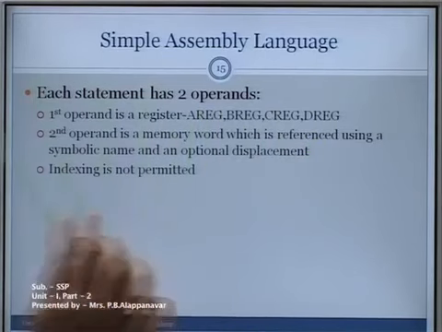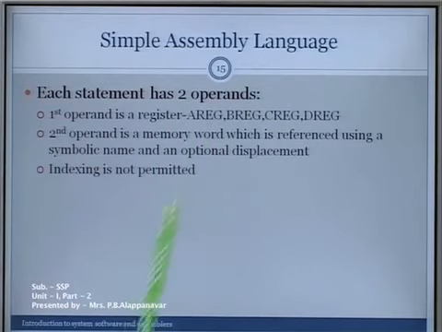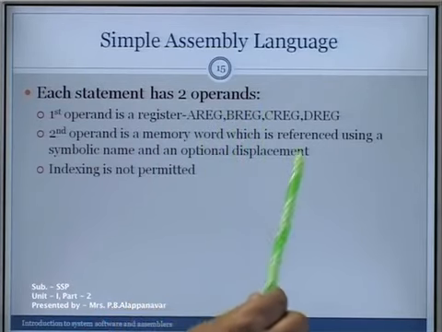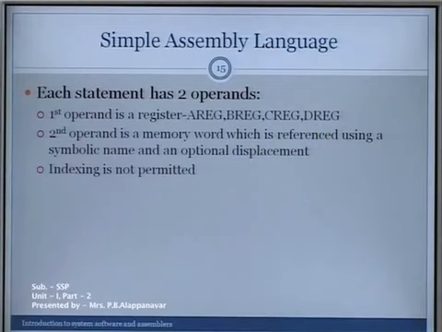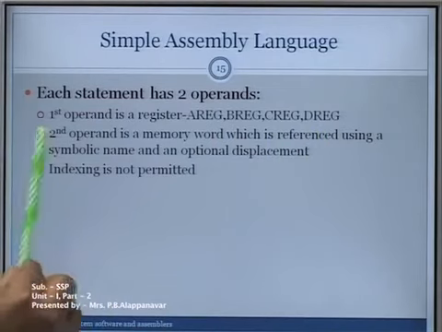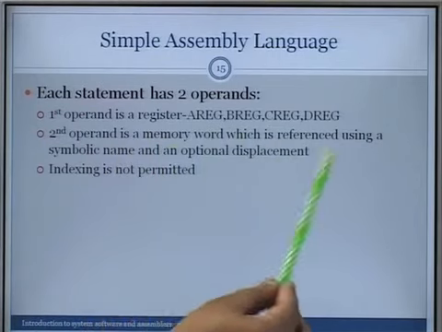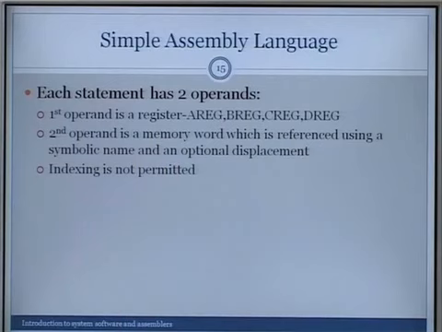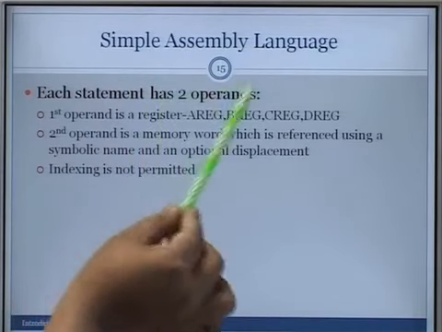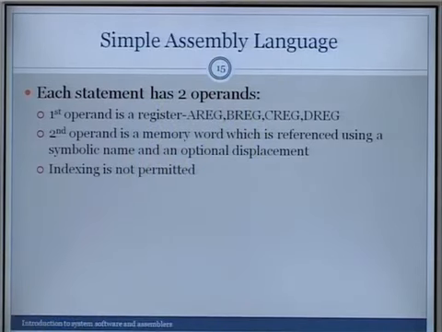That is, A register would have number 1, B register would be 2, C register would be 3 and D register would be 4. Now the second operand would basically be a memory word, and it would be referenced using a symbolic name. In our simple assembly language, we are not going to use the indexing scheme.